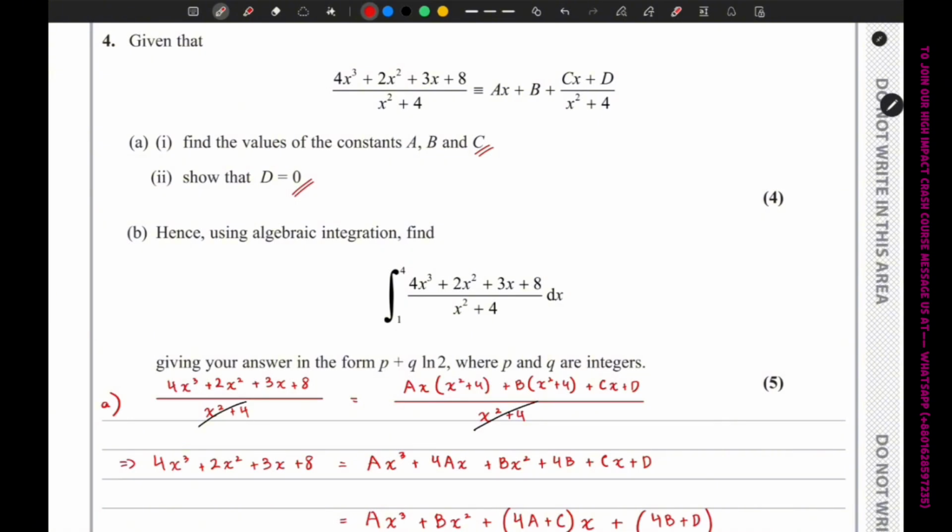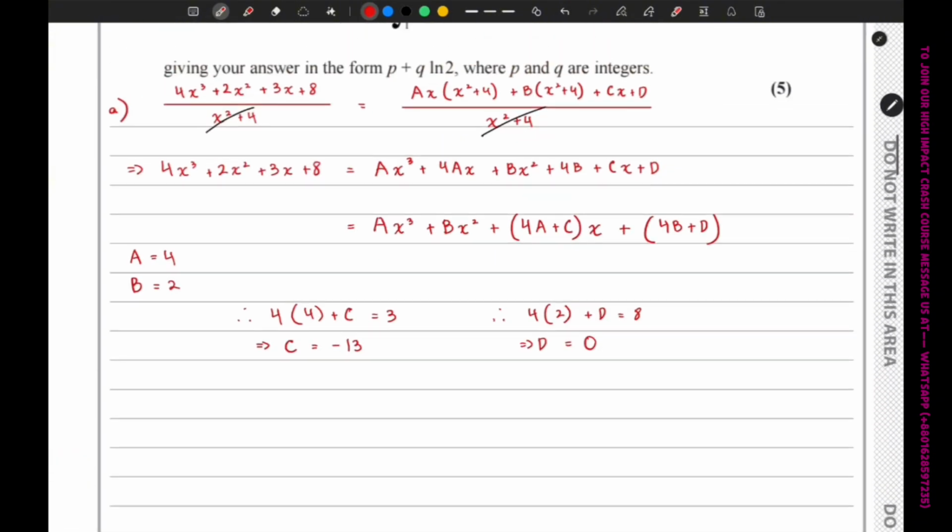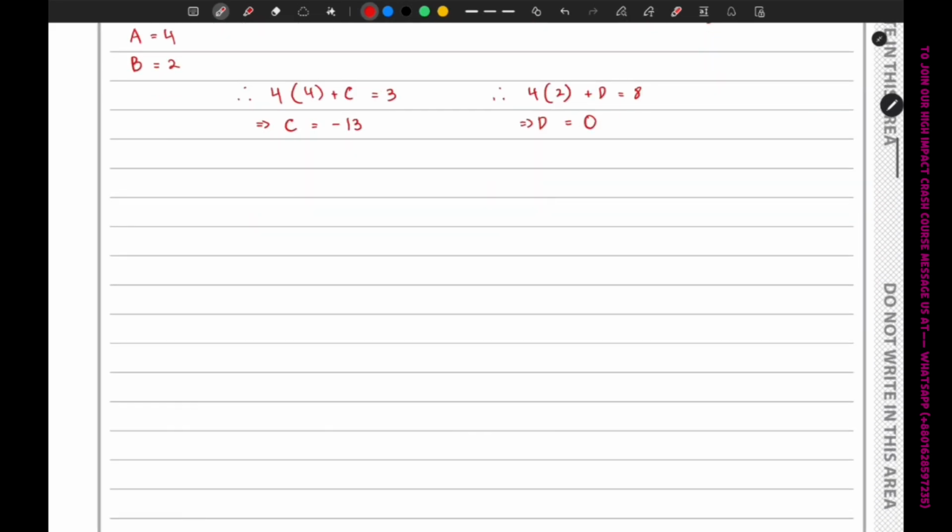Now we cannot integrate this directly because it's impossible, but we can write this fraction in this format. So let's just use that. So let's break this down.